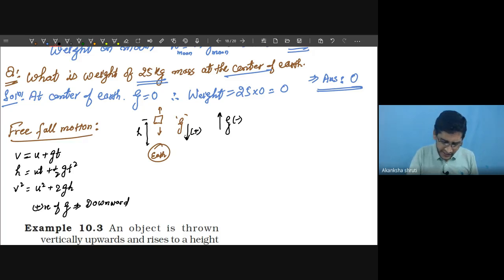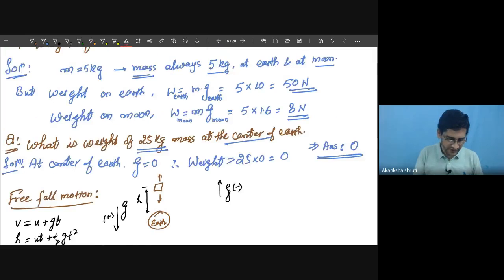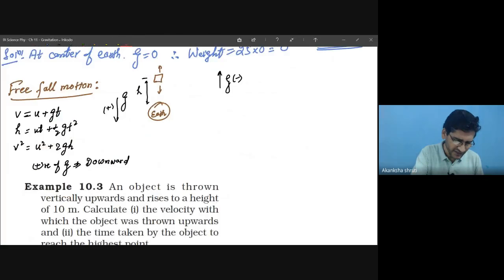So in this case, the sign in these equations gets changed. Let us write for the upward motion. For the upward motion, the same equations, but only the sign has to be changed.